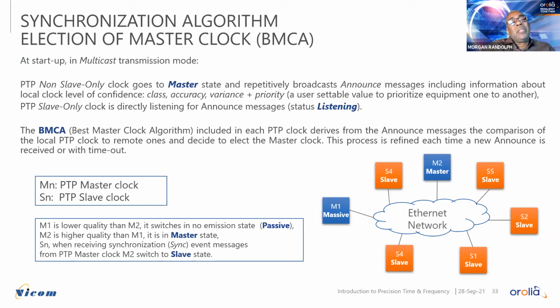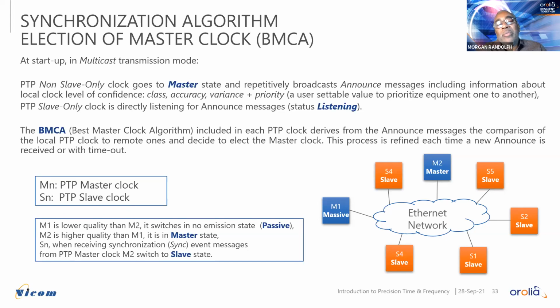At startup in multicast transmission mode, the PTP non-slave-only clocks, so the masters, basically the hybrid masters, the ones that are master-slave, go to master state and repetitively broadcast announce messages, including information about the local clock's level of confidence. Within that broadcast, you're going to see the clock class, the accuracy, the variance, and the priorities.